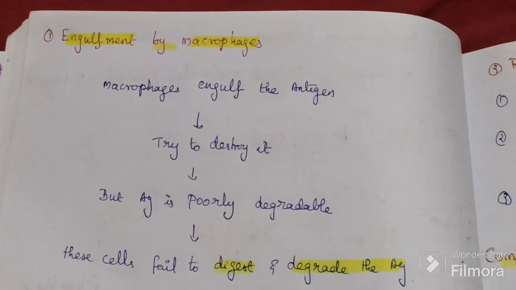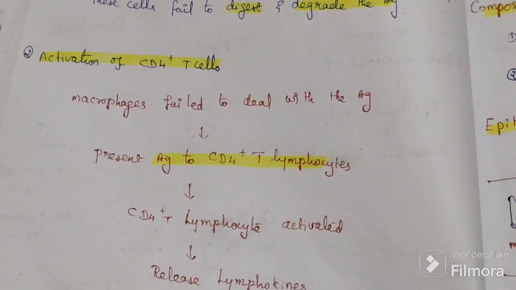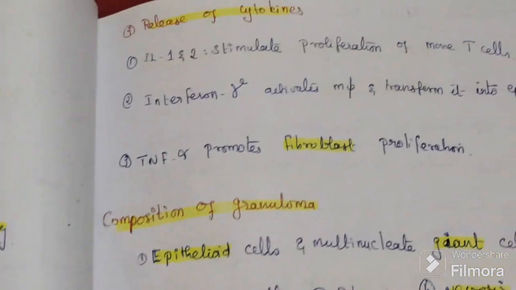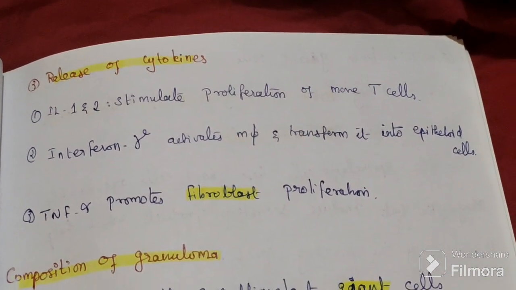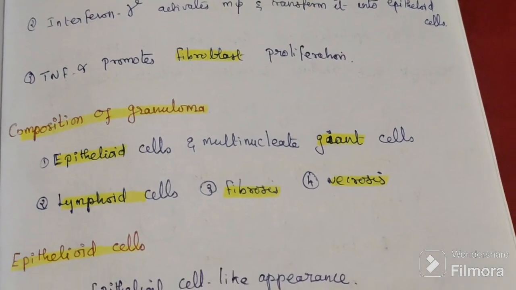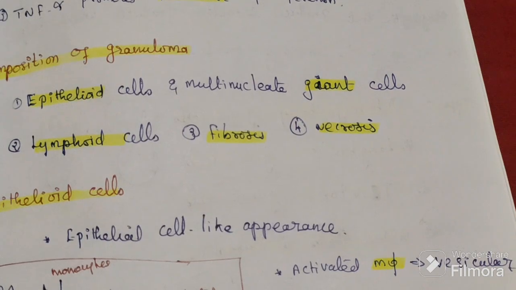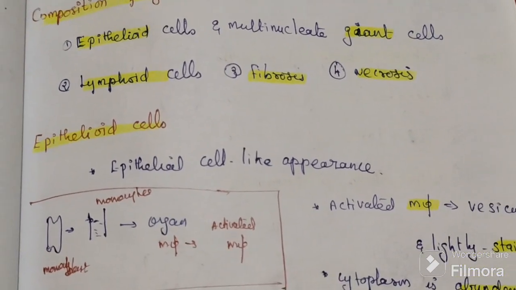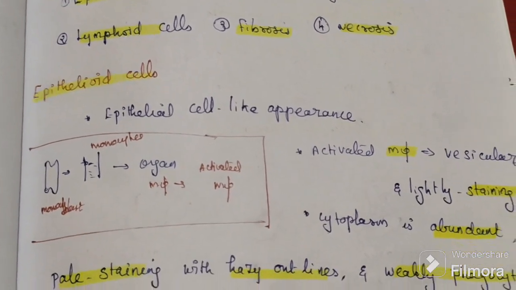Activated CD4 cells release chemicals, then cytokines are released. If necrosis happens it is soft granuloma, and if not, hard granuloma.